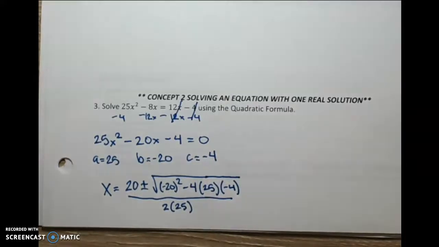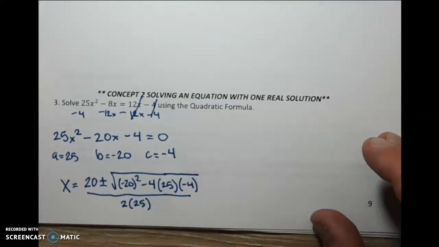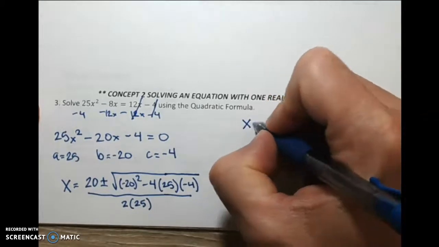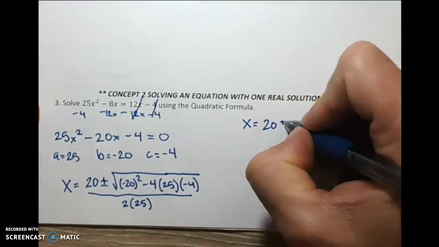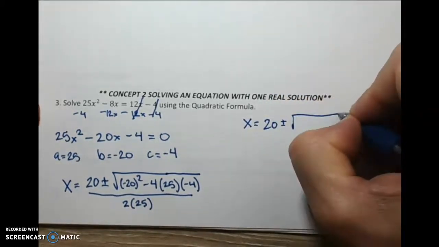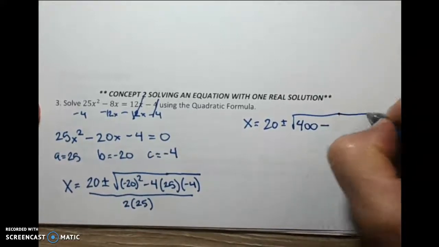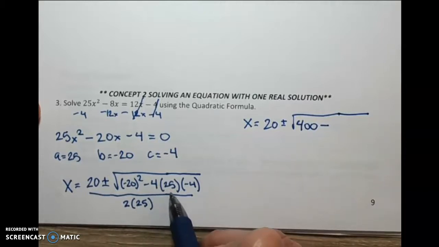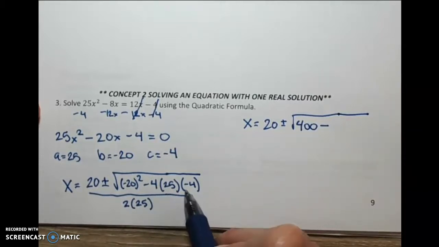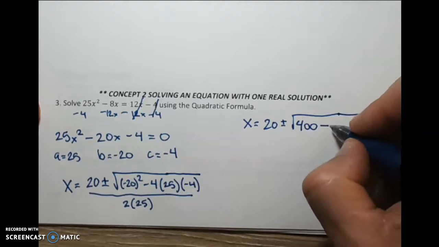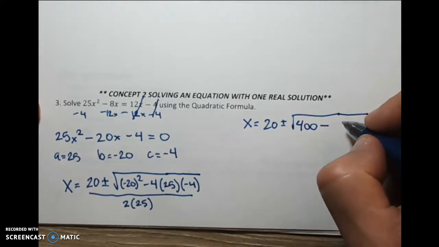Again, I run out of space here, so I'm going to move up. And here we go. x equals 20 plus or minus the square root. Negative 20 squared would be 400 minus negative 4 times 25 is negative 100 times negative 4, which is positive 400.